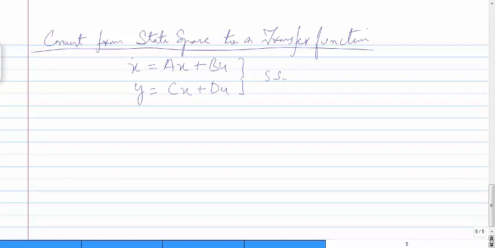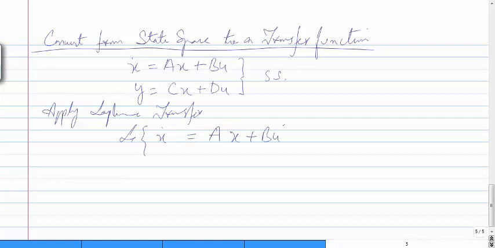We normally apply the Laplace transform, because the transfer function is actually in the frequency domain. For that case we have to apply the Laplace. When we apply the Laplace transform on x dot equal to Ax plus Bu, what do we get?